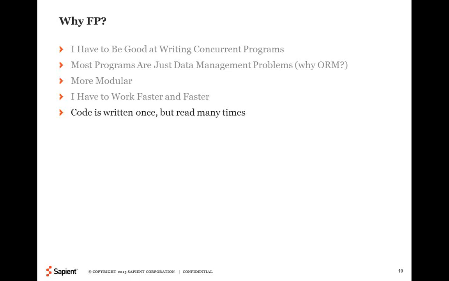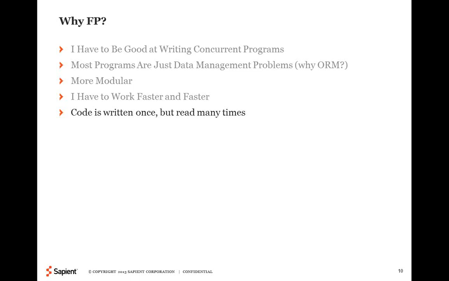Applications go through a development phase of maybe 1 or 2 years, and for the rest of the time there's a long maintenance period, where bugs are fixed, some small changes come in, and people have to go back and change something. So once the code is written, it is read many times, so it has to be more maintainable.